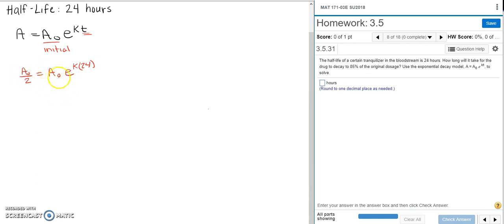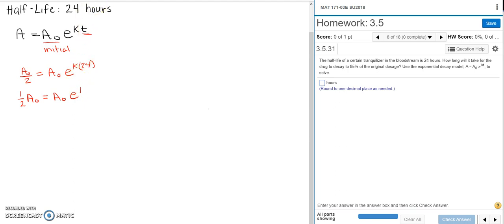If A naught represents the amount we started with, then what we end up with after 24 hours is whatever we started with divided by 2. So A naught divided by 2 is half of what we started with. Another way people like to write this, some people prefer to write it half A naught, and that's fine too. That doesn't matter.